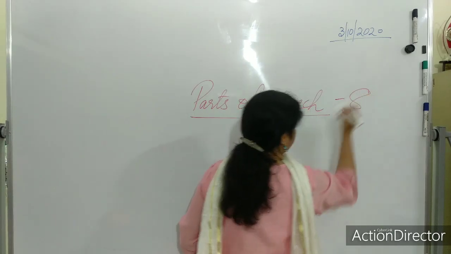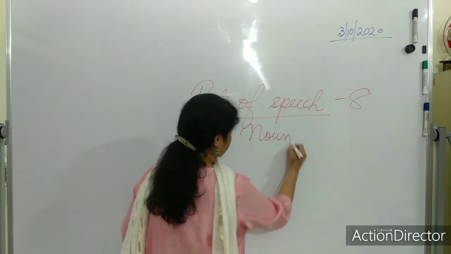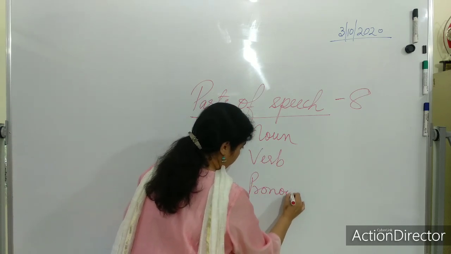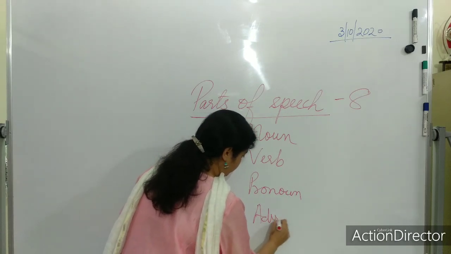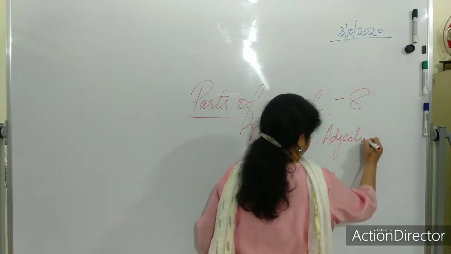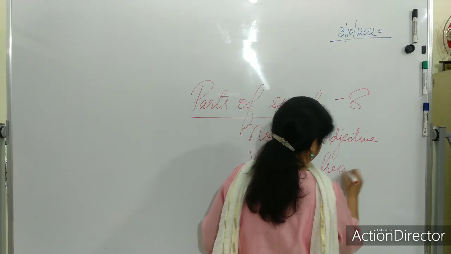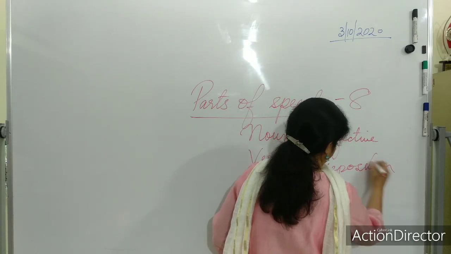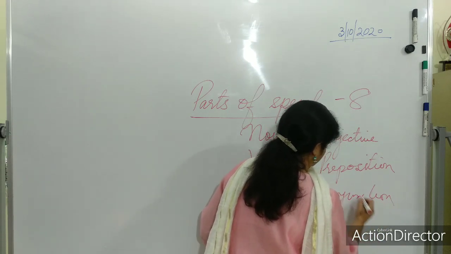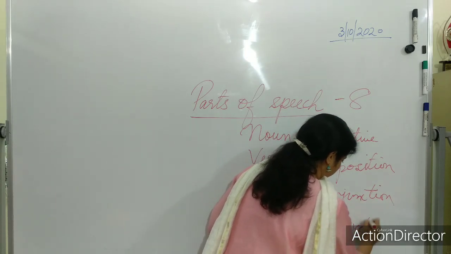There are 8 parts of speech, and they are noun, verb, pronoun, adverb, adjective, preposition, conjunction, and interjection.